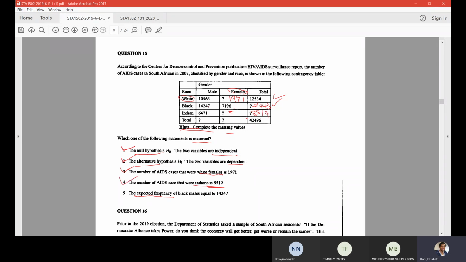So we need to calculate the expected frequency of black male, black and male.